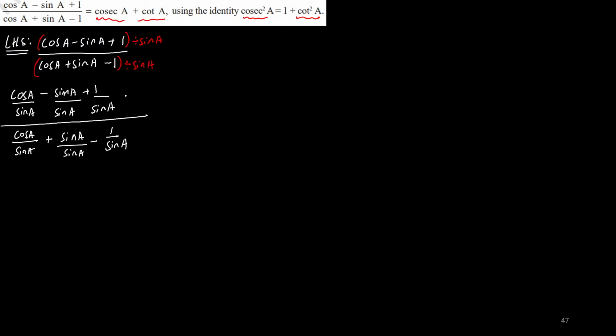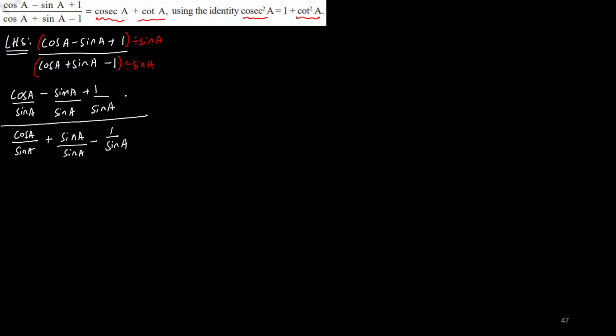If I am dividing the numerator by sin a, each and every term in the numerator is to be divided by sin a, and each and every term in the denominator is to be divided by sin a. Is that clear? Is that clear?